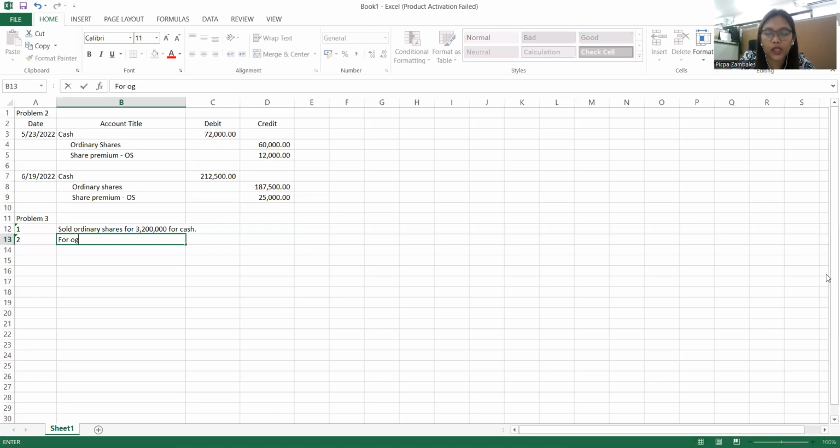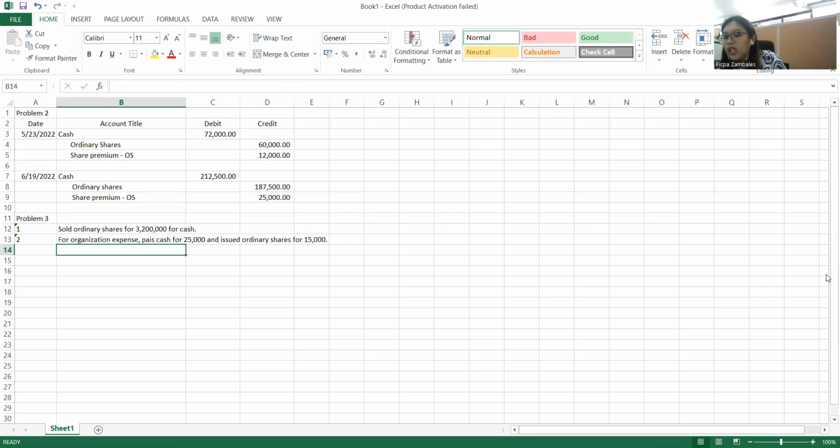For the organization expense, we paid cash of 25,000 and we issued ordinary shares for 15,000.